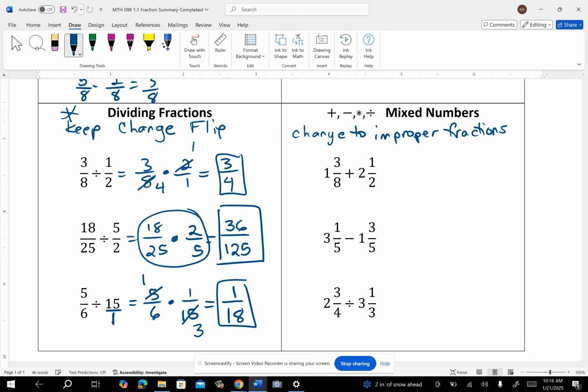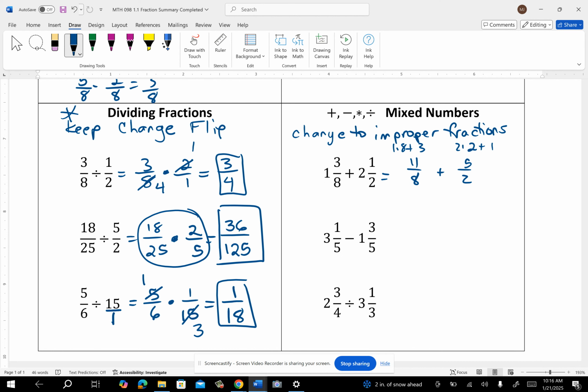Then you do things the way we learned earlier on the sheet. So 1 3/8, that's 1 times 8 plus 3. That would be 11/8. 2 1/2 would be 2 times 2, 2 wholes cut into 2 pieces, plus 1 would be 5 halves. Do that first. Then from there, do whatever's necessary.